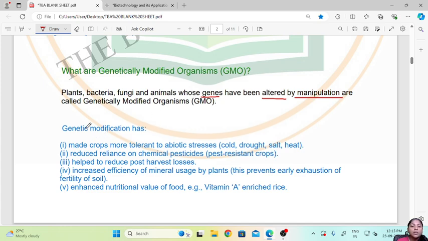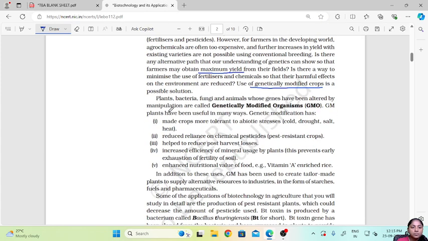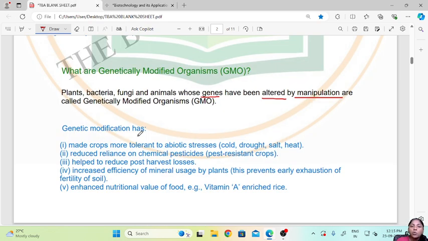The GM plants, that is the genetically modified crops, have been useful in many ways. Genetic modification has made the crops more tolerant to abiotic stress, that is, they are more tolerant to cold, drought, salt and heat stresses.